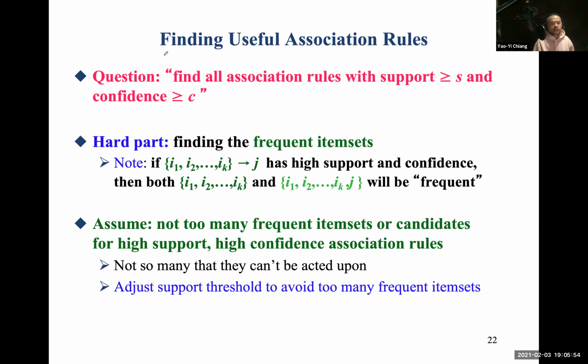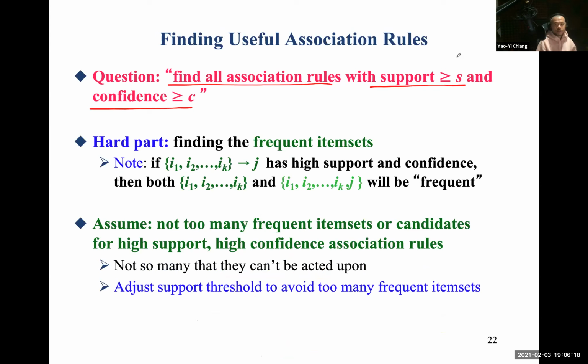All right, look at association rules. So now you know what supports are, you know how to calculate confidence and interest. Our real goal is actually to find out association rules with support larger than a threshold and confidence larger than a threshold, right?